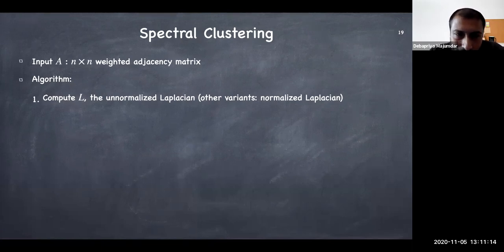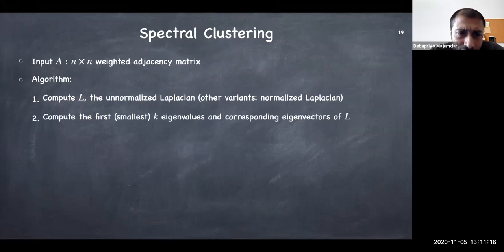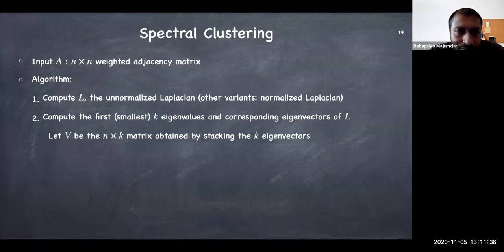You compute the unnormalized Laplacian, then compute the first, which means the smallest, k eigenvalues and corresponding eigenvectors of L. Now you don't know k beforehand, so you should compute a large enough k. But if your graph is huge, you don't want to compute all eigenvalues. So you compute some k so that you can see a gap somewhere. So that's the idea. I'm skipping the idea of the gap in this description, but you compute the k eigenvalues after which there will be a gap.